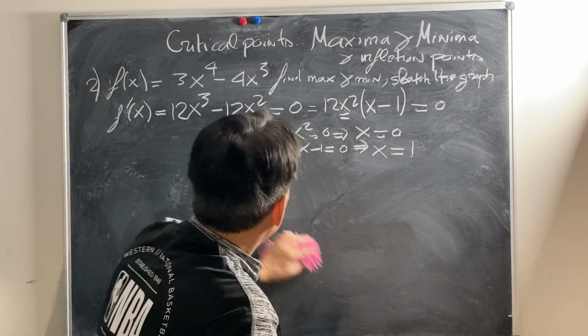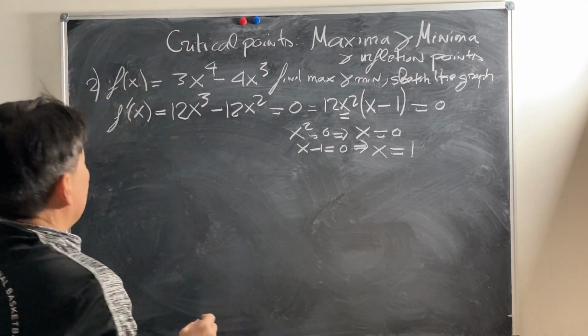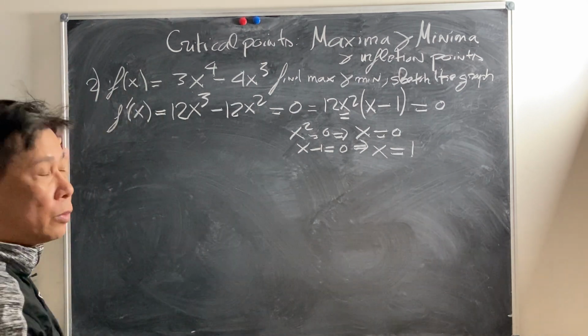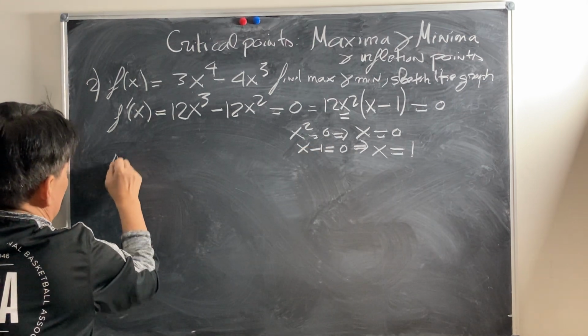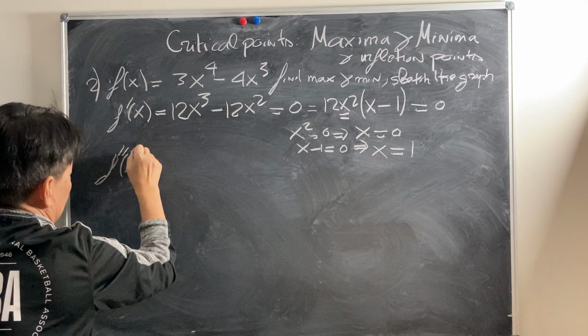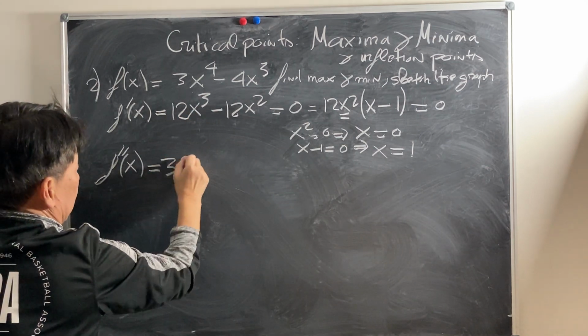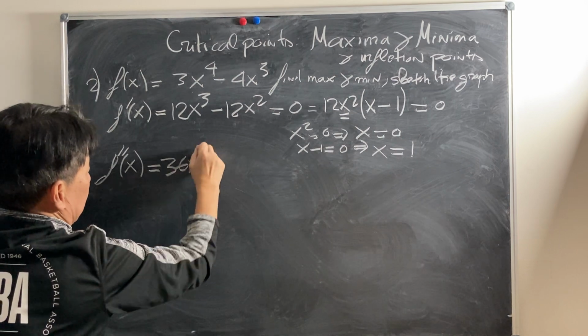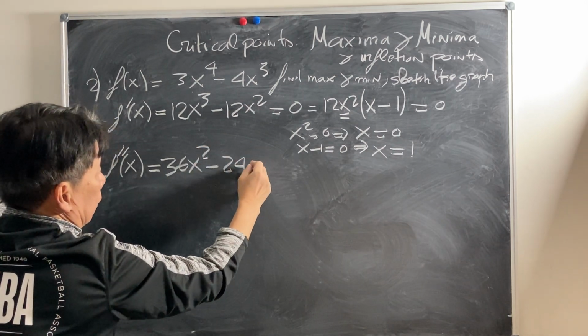We don't know if it's a maximum point or minimum point yet. So we can use the second derivative method to test. If you take the second derivative of this, you will have 36x squared minus 24x.